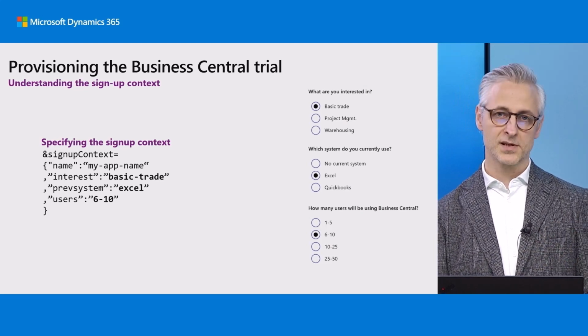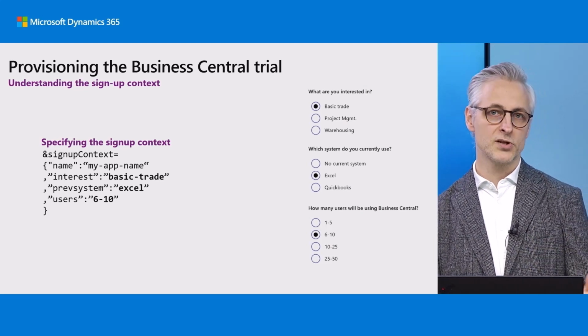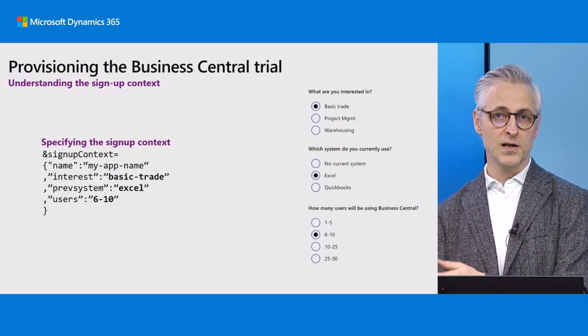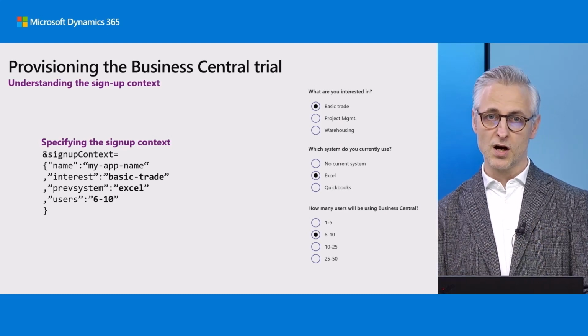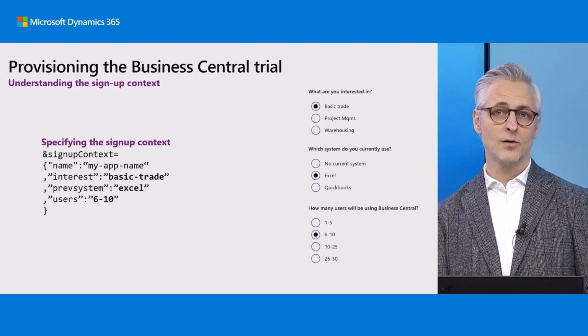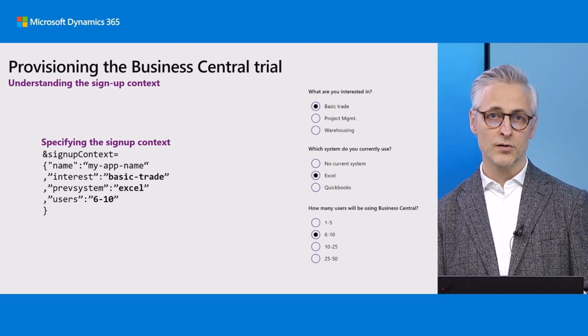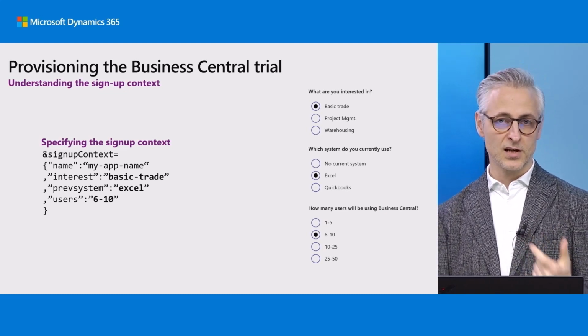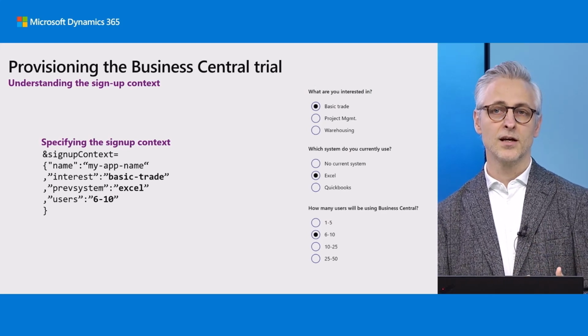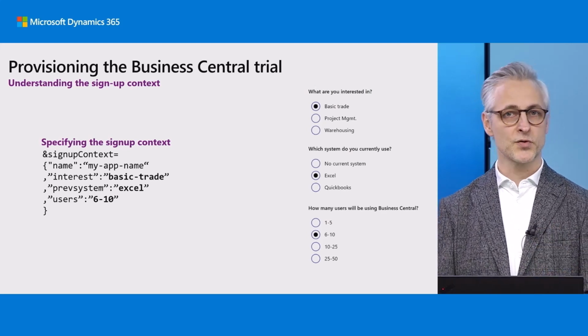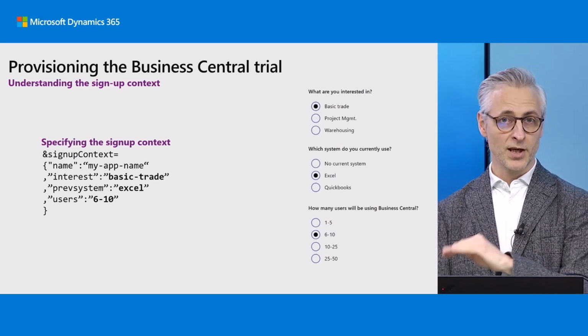As Jakob said, this sign-up context information is stored in a system table inside Business Central. It's your job, in an app, when it's installed, to look at this system table and figure out if you can recognize the sign-up context. And if you can, you need to transfer it to a base application table.